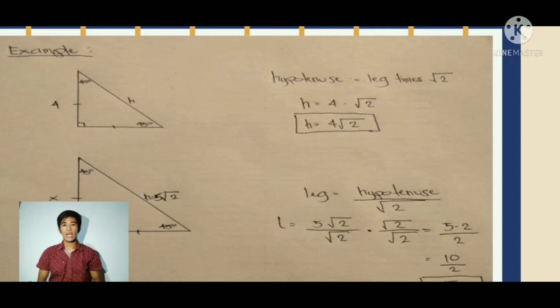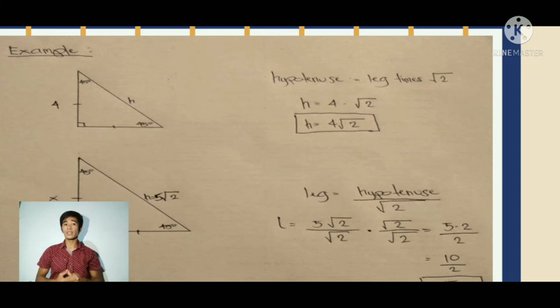As you can see, isa lang po yung may value, which is the leg, and the h, which is hypotenuse, ay unknown po siya. So again, to get the hypotenuse, the formula is hypotenuse is equal to leg times square root of 2.